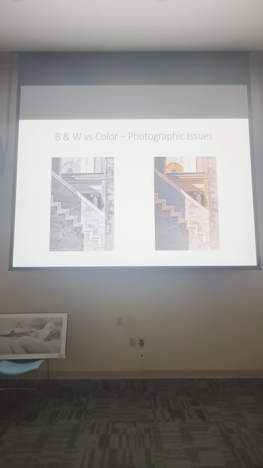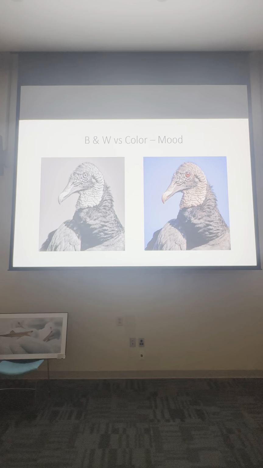So I converted it to black and white, and this is going to be one of the examples I'll show you how I processed. But in general, the black and white is bringing out the shapes, the forms, and the texture without distracting from anything.